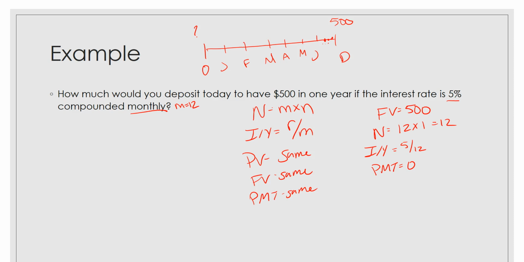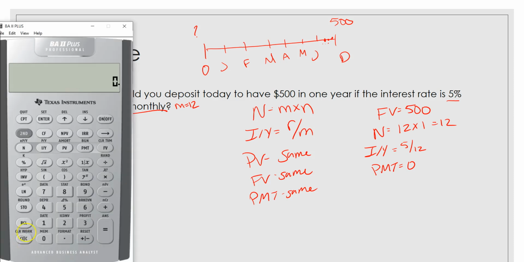So let's solve for present value. So we want to have 500, where it's going to compound for 12 periods. Our interest rate is 0.417 each period, and we have no payments.